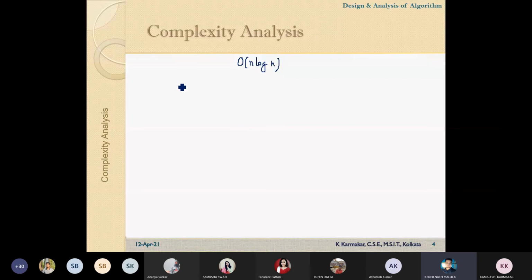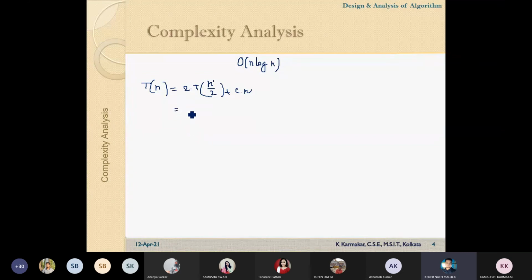So in the case of the recurrence relation, it is T(n) equals 2 T(n/2) plus some constant into n. Then the first level, the divide and conquer time will be n, and the second also. Then we can apply the substitution method here.